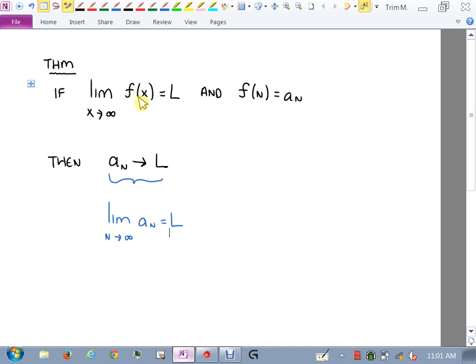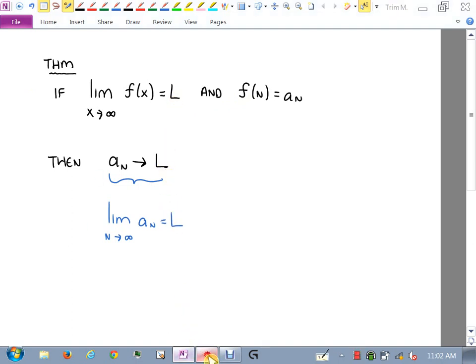Functions of x, we usually let x be any number, so it can take on all sorts of values, decimal values like 0.2, we can plug in pi. So this is saying if you're looking at a traditional Cal 1 function and it has a limit as x goes to infinity, and then you come in and you define your sequence to be that function but restricted to just the integers, then if this goes to L, then the sequence must go to L.